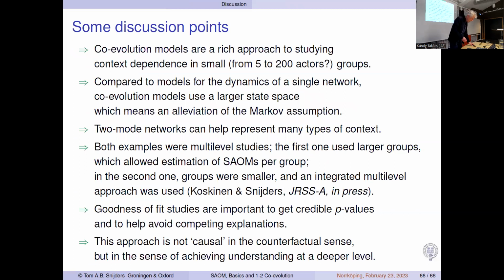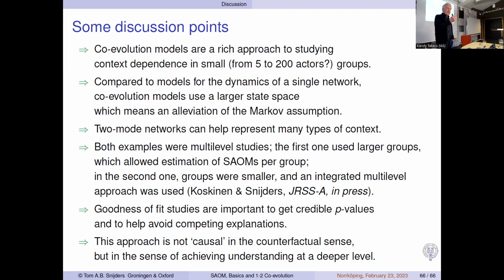Okay, to finalize, let me mention a number of discussion points. Although I had to go a bit rapidly, I hope that I've shown you that co-evolution models are a rich approach to studying context dependence.